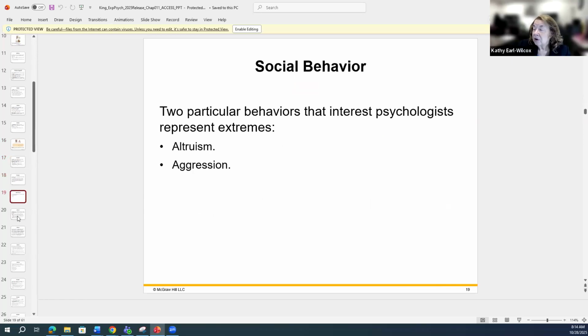So, persuasion and social behavior. There are two particular behaviors that interest psychologists in social behavior: altruism and aggression. So altruism: it feels good to do things for other people, particularly if you're not expecting credit, that you enjoy helping others, maybe working in a food pantry, maybe helping a fellow student out with homework.